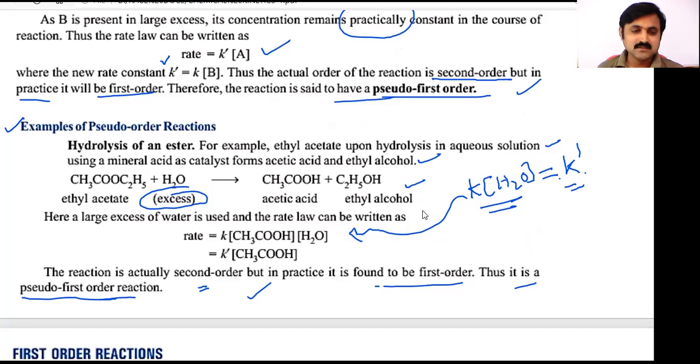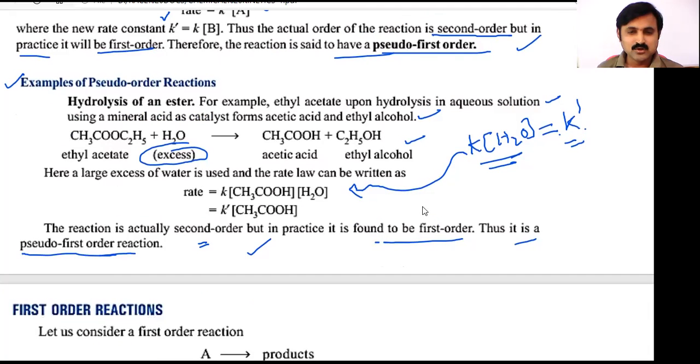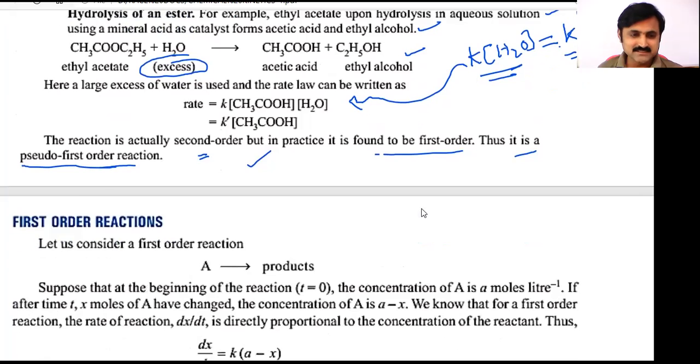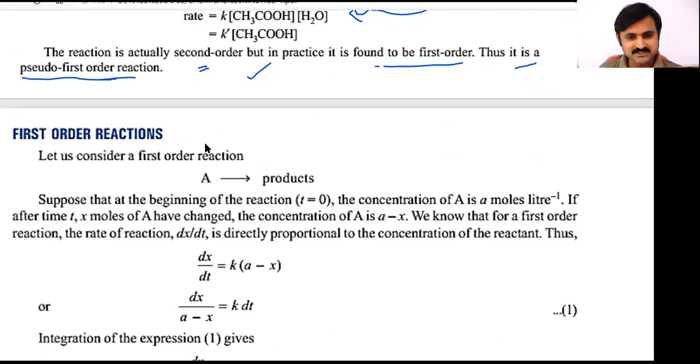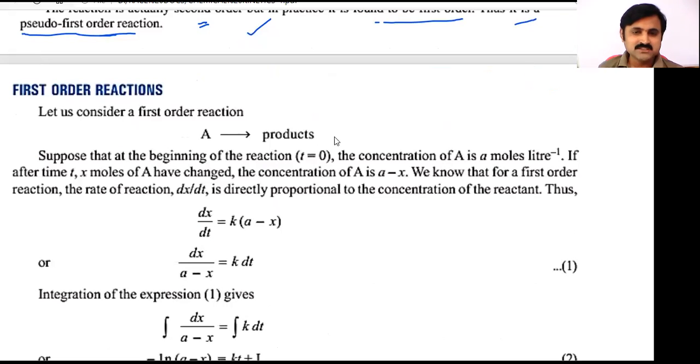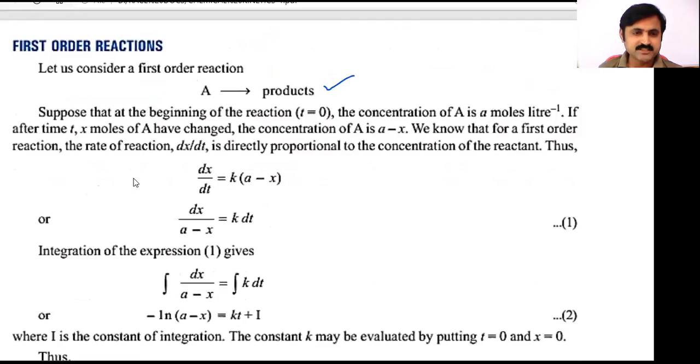Okay, let us go to another important thing, that is called first order reaction. If you take A gives rise to products, initially at time 0, the chemical reaction has not started, but the A concentration is taken as small a moles per liter. In such a case, after some time interval t, x moles of A is changed.